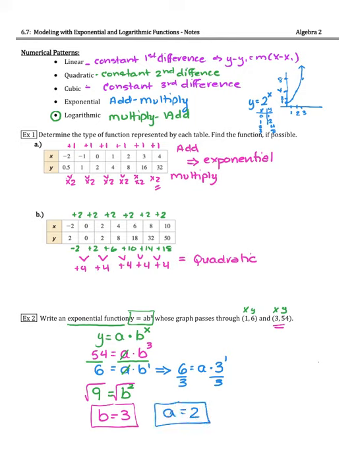Once you solve for a and b, you put it all back together into your parent function. Y equals a times 3 to the x. And remember, the 2 and the 3 do not combine. 2 is a coefficient. 3 is the base of an exponential. So please do not combine those as 6 to the x. It's 2 times 3 to the x. All right, and that is your final answer, and that is it. We're done. That was it for the chapter.